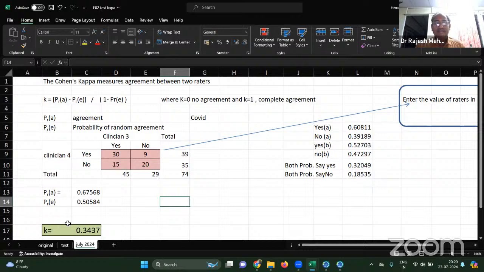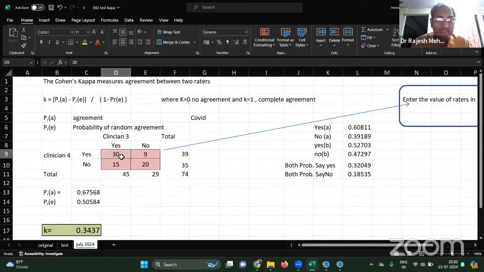Based on that, it says how much is the agreement between two assessors: one clinician over here, other clinician over here, or one judge and a second judge, or your one method and a second method. So agreement between these two is seen over here.